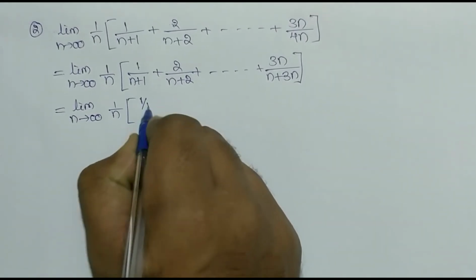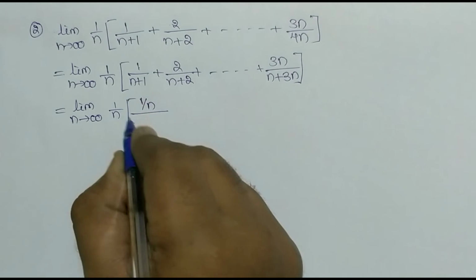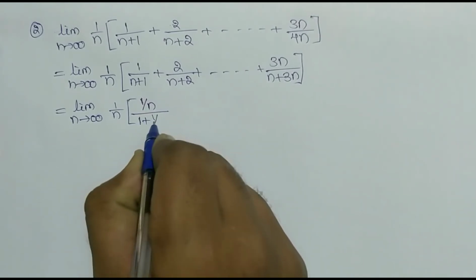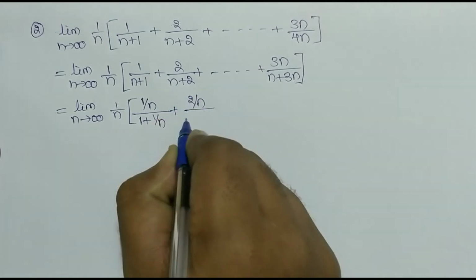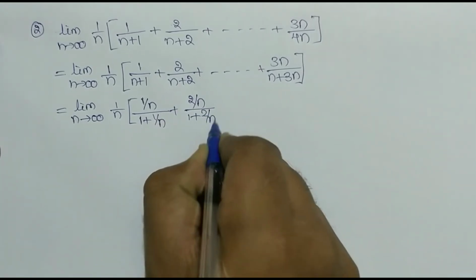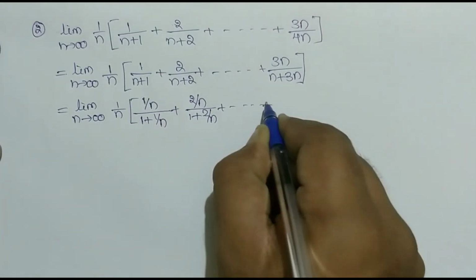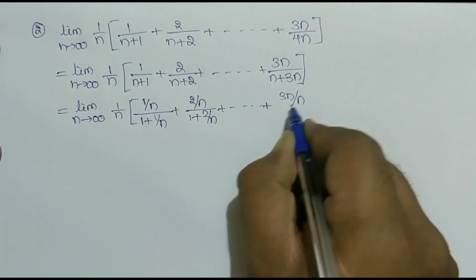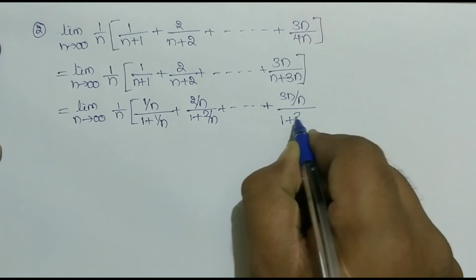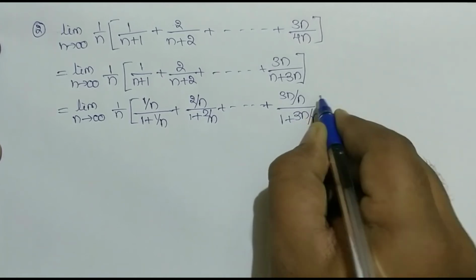So you will get 1 by n. Here n by n is 1, 1 upon n; 2 by n, n upon n 1, 2 by n, and so on. It is 3n by n, 1 plus 3n upon n.